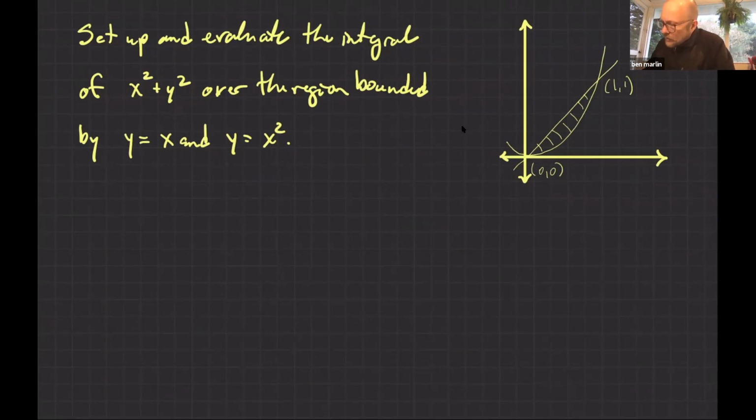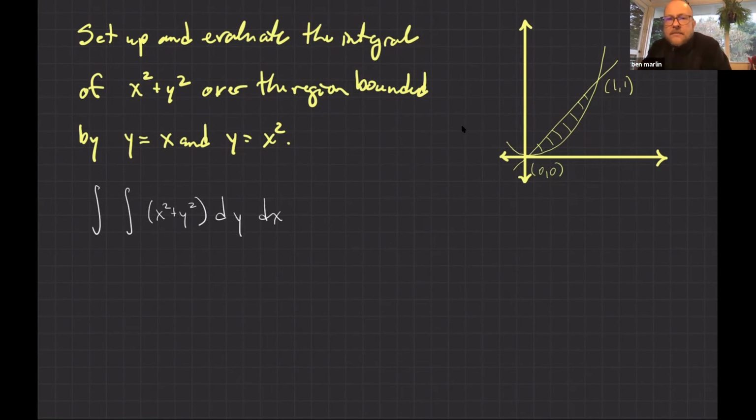But we're going to set up for this and integrate. Because it says y equals x and y equals x squared, I suspect that I'll just take my function and integrate dy dx. I might be wrong, but because it said y equals x and y equals x squared, that's kind of my suspicion, right?